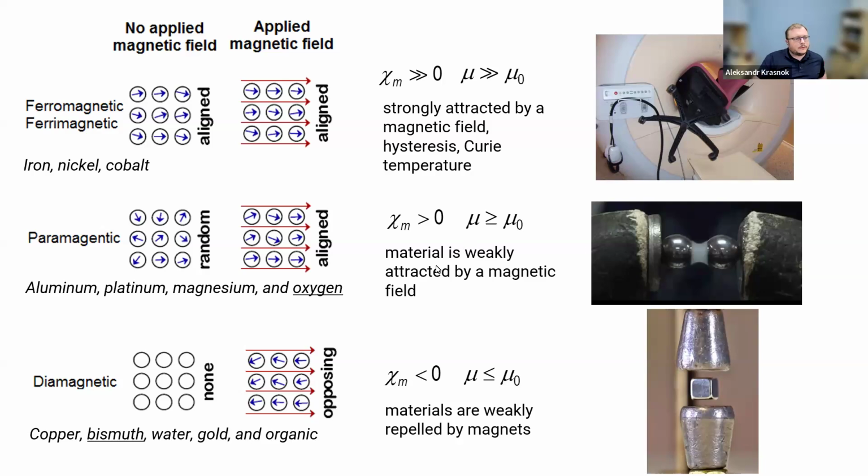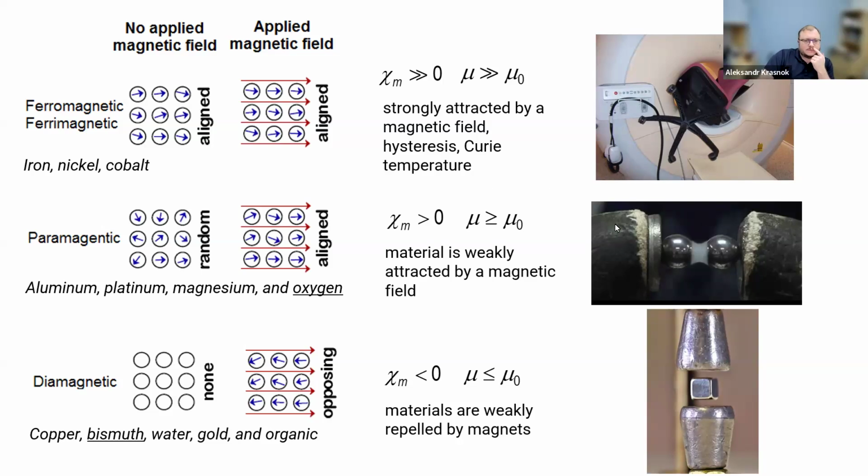Another type is paramagnetic material, where the dipoles are induced along the magnetic field, so this material is attracted to the magnetic field. One example is shown here: liquid oxygen. We discussed that in contrast to liquid nitrogen, oxygen is attracted to the area of strong magnetic field.